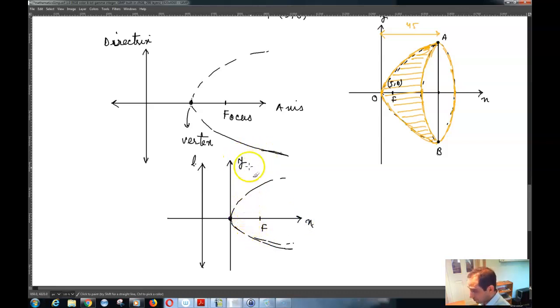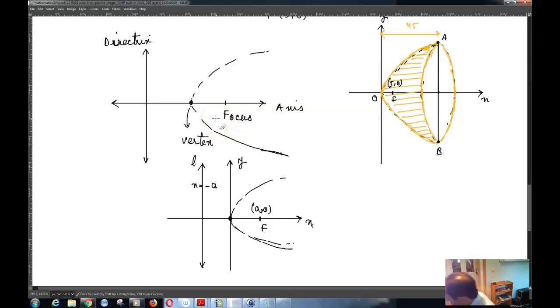And so in this basic orientation, the equation of this line becomes x is equal to negative a, and the coordinates of this point would be (a, 0). That means that your focus is a units away from the vertex, or from the origin, if you put your vertex at the origin.